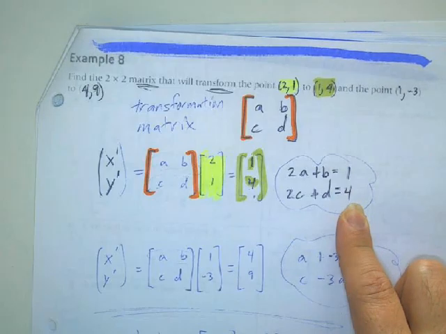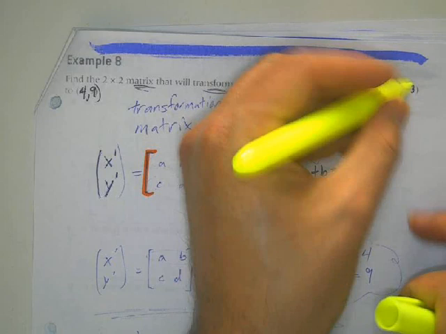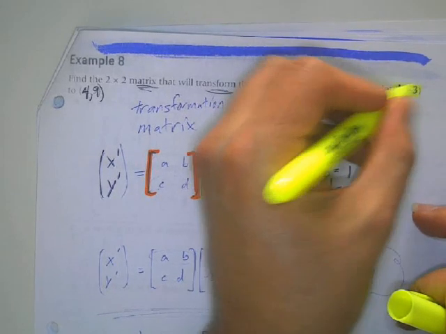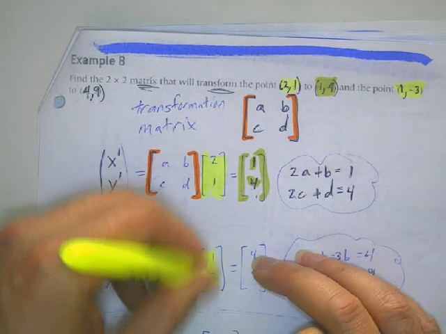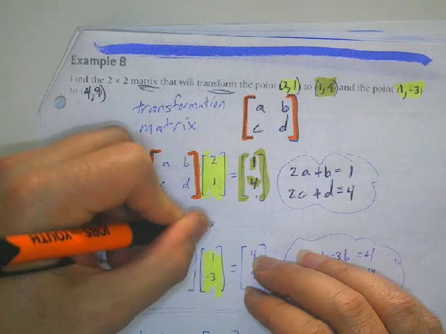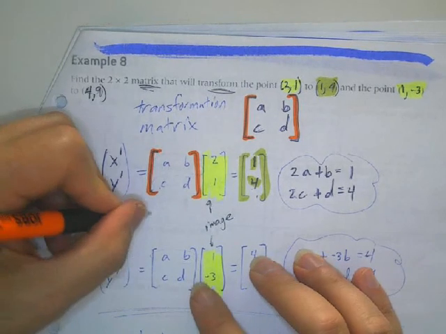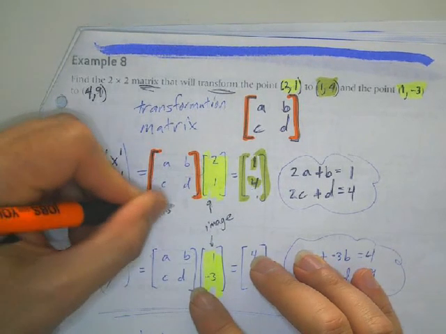Okay, and now we're going to work with this other point here. So we're going to start off with (1, -3). So this is the original image, right? These are the original image. This is the transformation matrix.